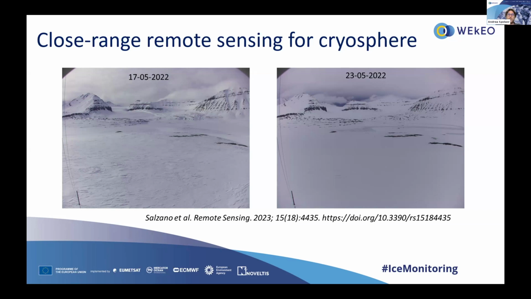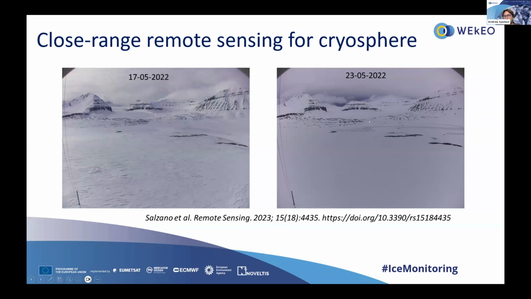the archipelago. For example, if you look at these differences, we have a picture of the 17th of May 2022 and another picture of the 23rd of May 2022. So the two pictures differ by six days. And we see that here the snowpack is kind of uniform and pretty well distributed.